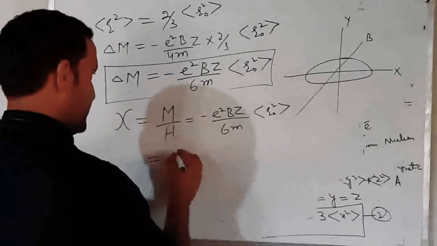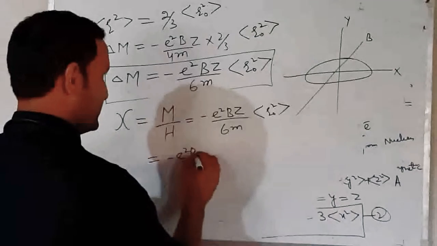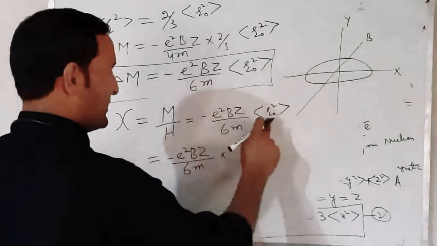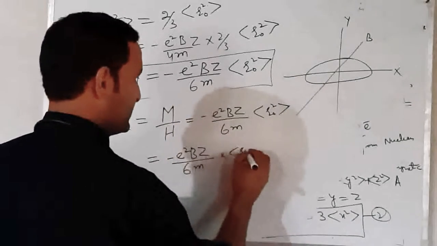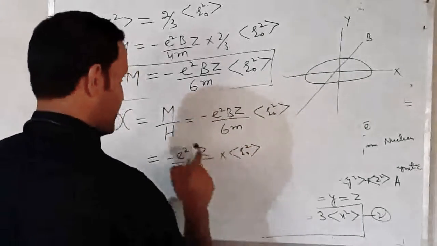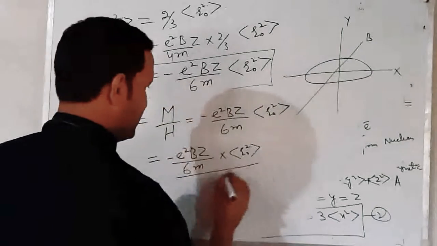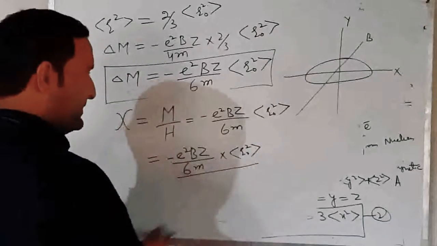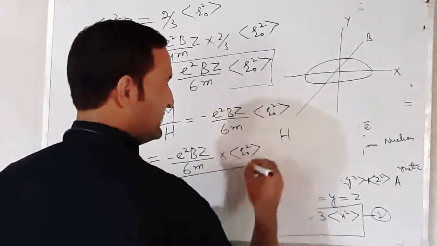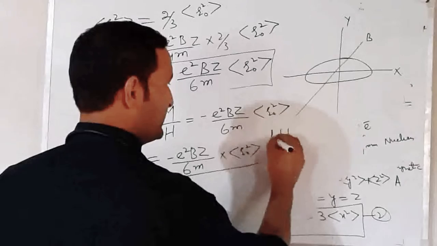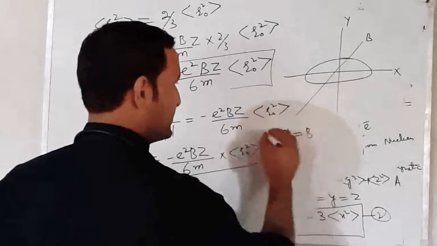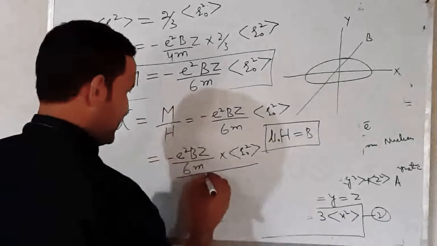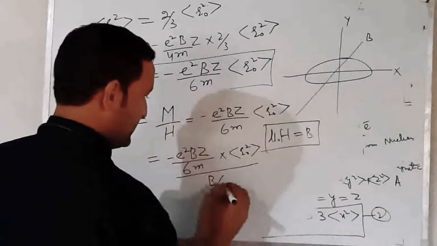H, the magnetic field intensity, is related to the magnetic flux density B as mu naught H equal to B, so H is B upon mu naught.